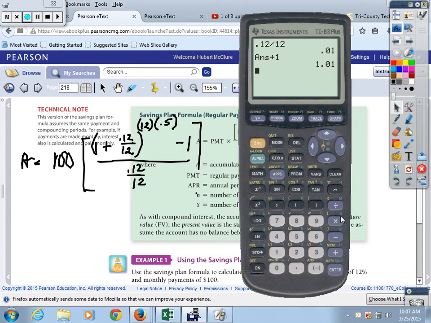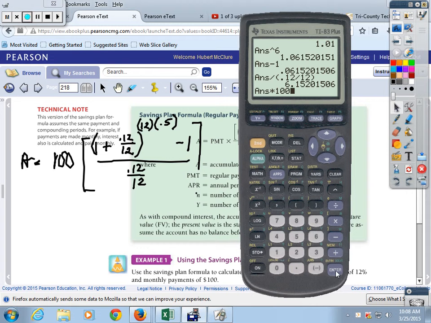And then I'm going to raise that to the what power? 6th power. I'm going to minus 1. And I'm going to divide that by parentheses 0.12 divided by what? And then close parentheses. And there's that number right there. And then multiply that times 100.